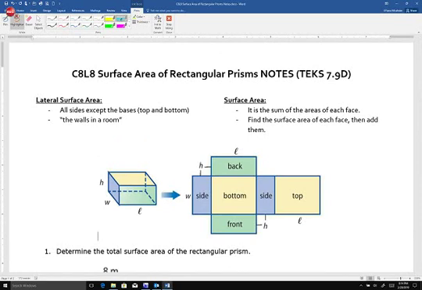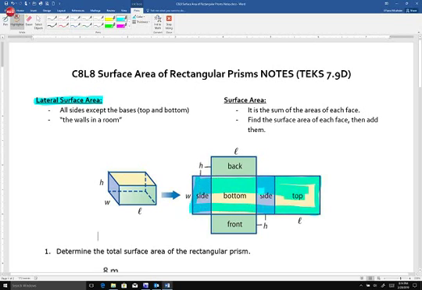It's the walls, basically the sides. So the lateral does not include the bases, okay? It's all the sides except for the bases.